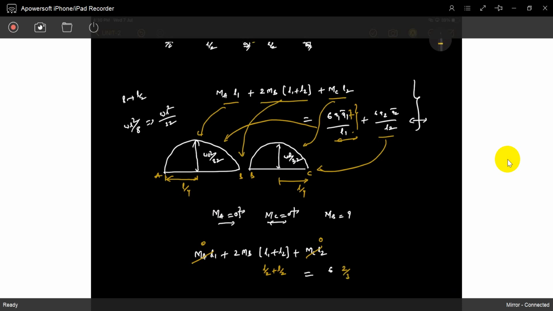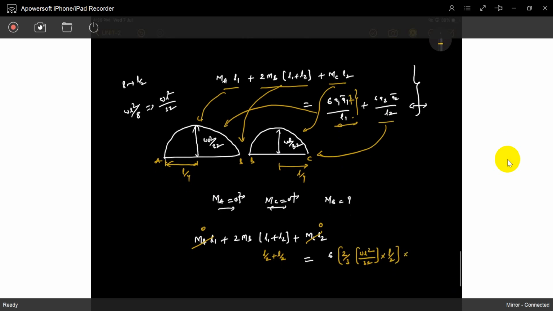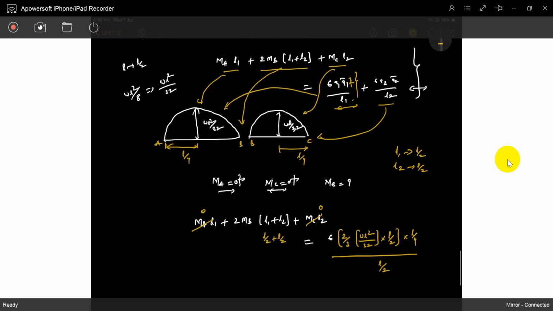So if you see, 6 times area is 2/3 of W L square by 32 multiplied with L by 2. That is the area. The centroidal distance is L by 4 divided by L by 2. L1 is L by 2 and L2 is also L by 2. The second span's 6 A2 x2 is also equal, so I multiply with 2.